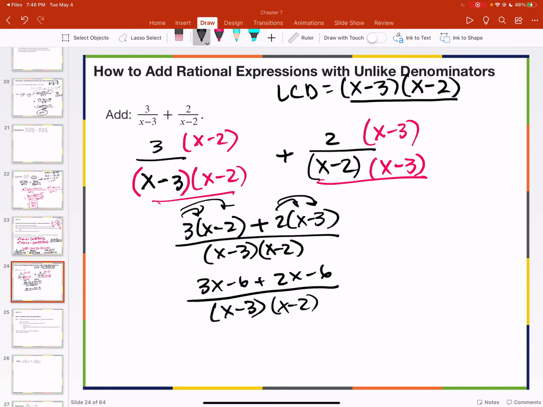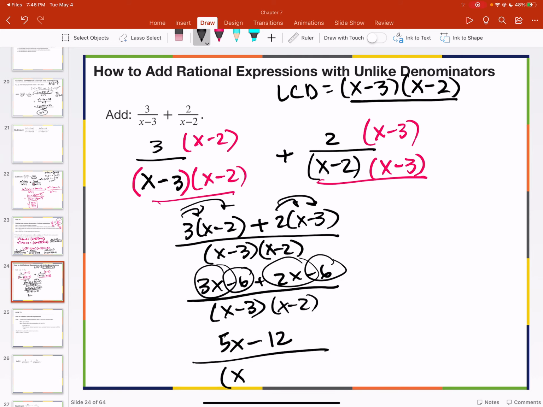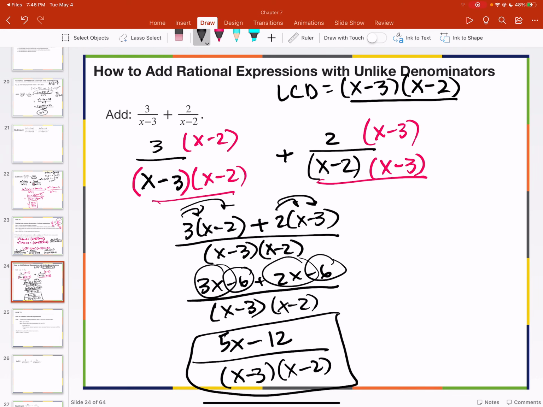Combining like terms, we get 5x minus 12 all over the LCD. We can leave it in factored form, and that's your final answer. We've simplified and added those two together.